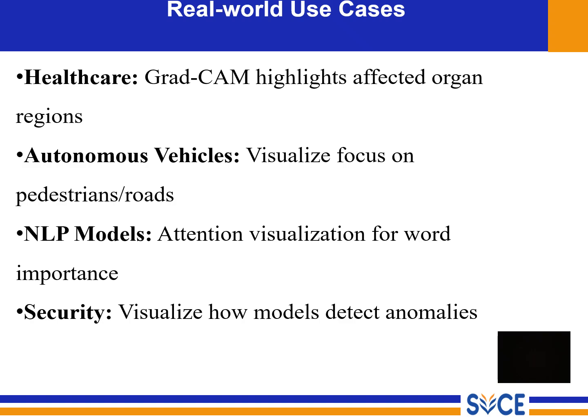To wrap up, where do we see this concept in practice? In healthcare, highlighting the regions and organs. Automatic vehicles, visualizing the focus on pedestrians or road signs. NLP models, using attention visualization to see which words influence meaning. And then security, visualizing the anomaly detections to catch fraud or intrusions.